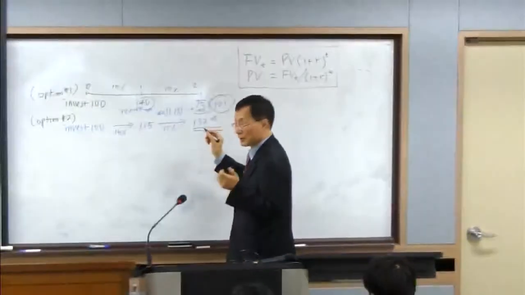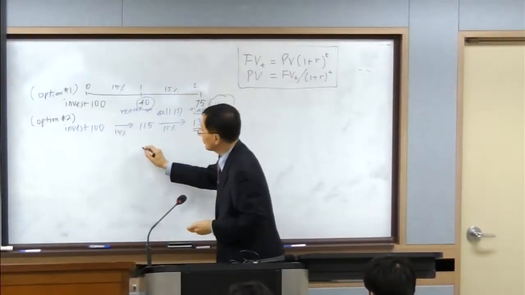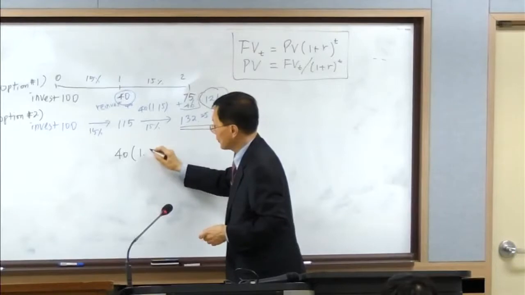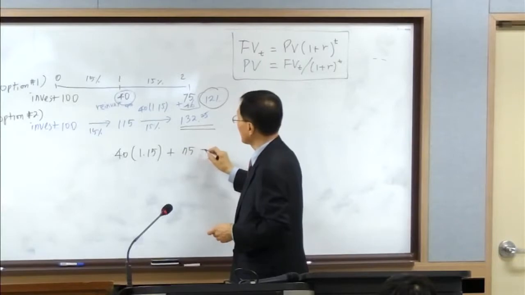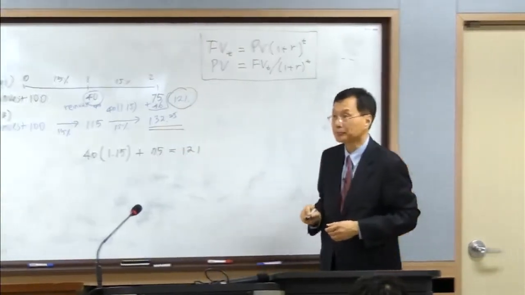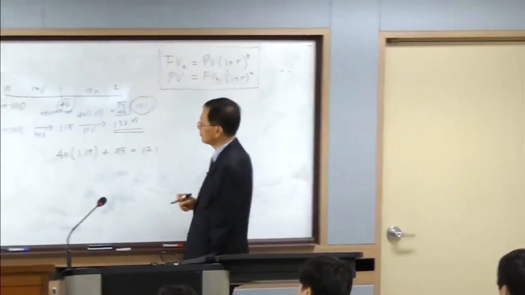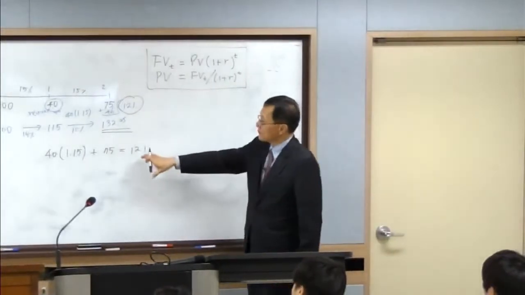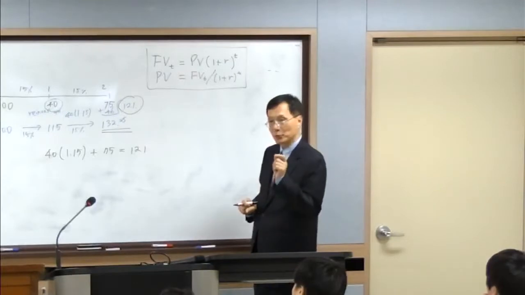This one is nothing but the following manipulation. 40, when you receive 40 in year 1, compounded once, plus 75. That gives 121, right? Divide both sides by 1.15 squared.